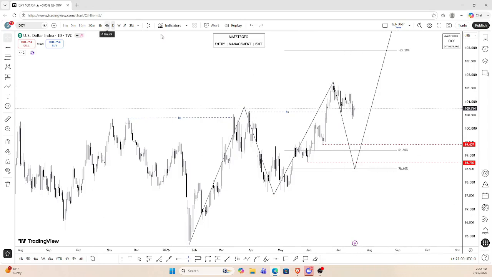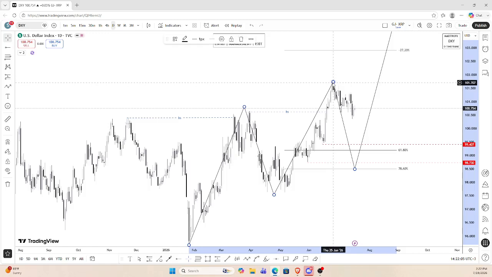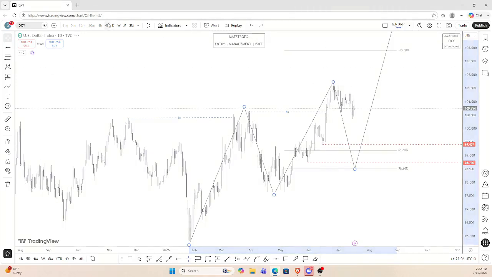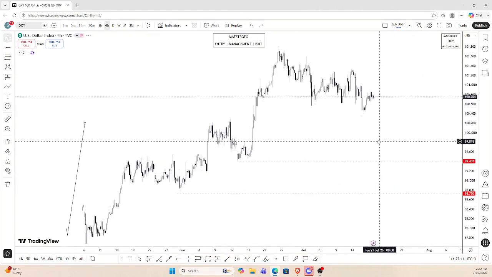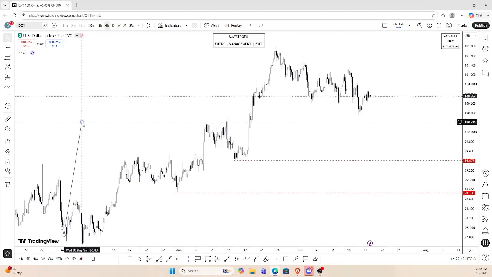But to get the clear picture, we have to go to the lower time frames, and for that reason we head over to the 4-hour time frame. What do we have in the 4-hour time frame?